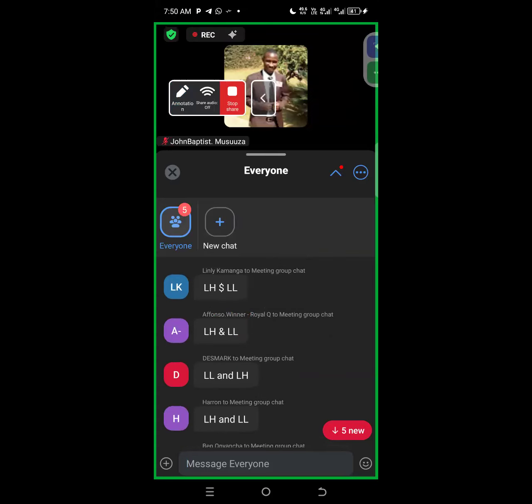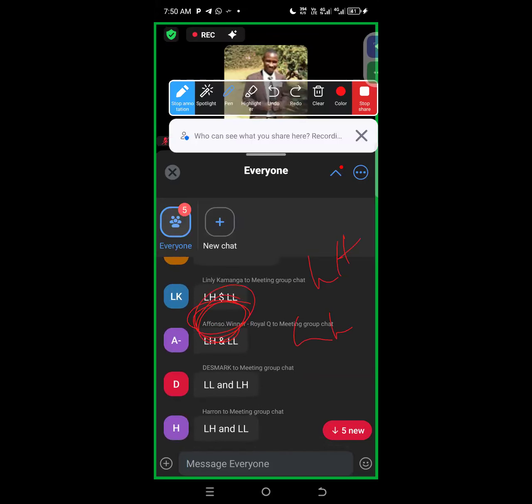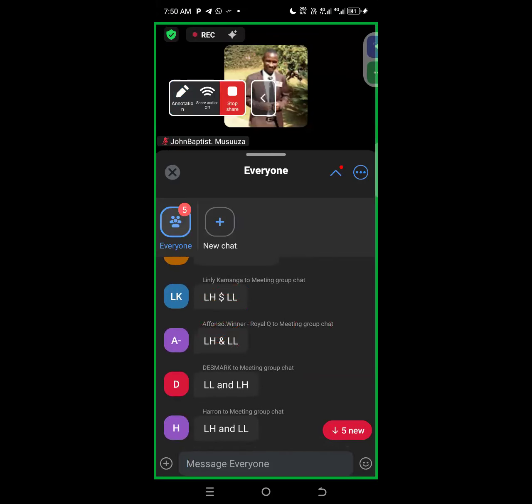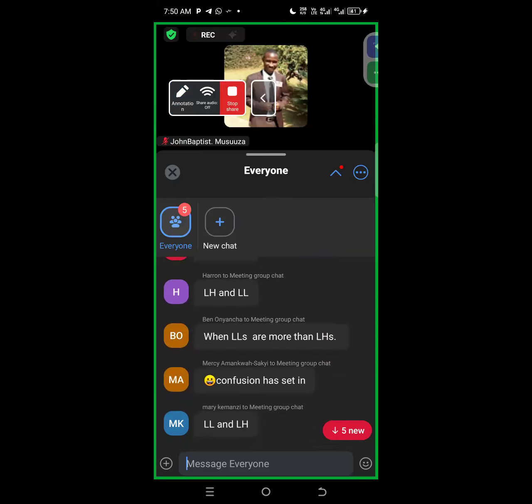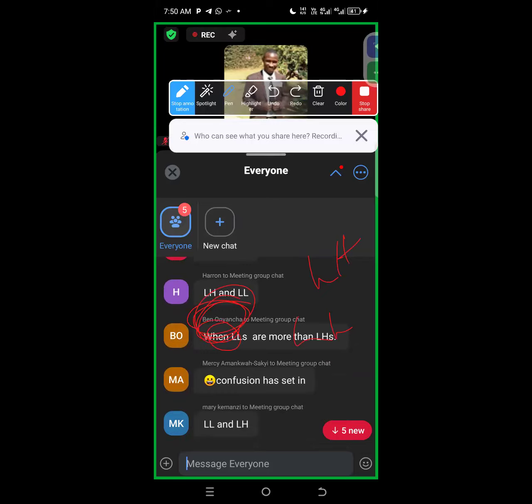So just look at it again. Now let me see lower low, lower high. So another one. You see, this is the reason why you must always participate in group lesson so that you wouldn't make mistakes. You get it? You will be corrected on what you have to do.